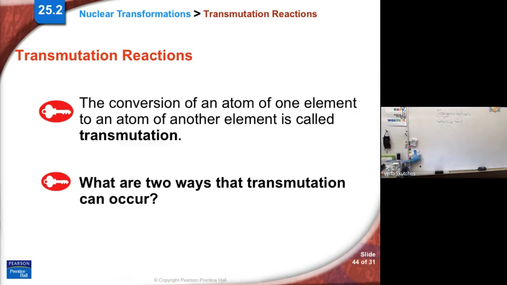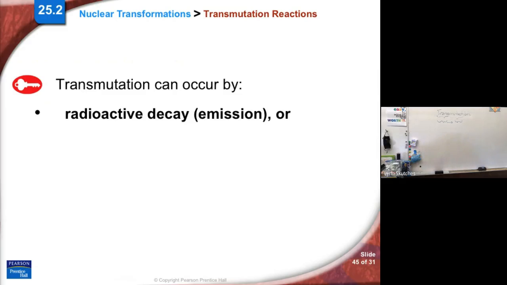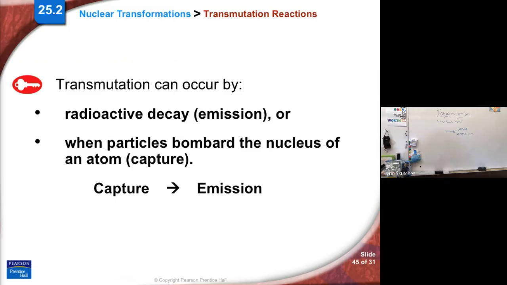Okay? You start with something and you end with something else. 2 ways that can happen. You can do decay or emission. Okay. 2 words that mean the same thing. Or a particle can be captured. So we went through the particles. Okay. We went through what they were.